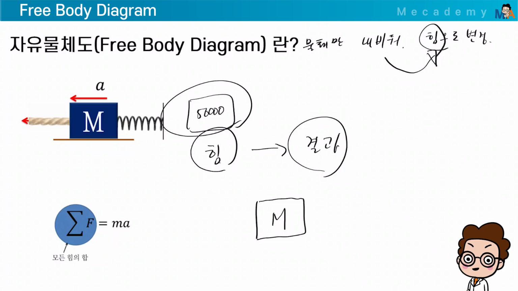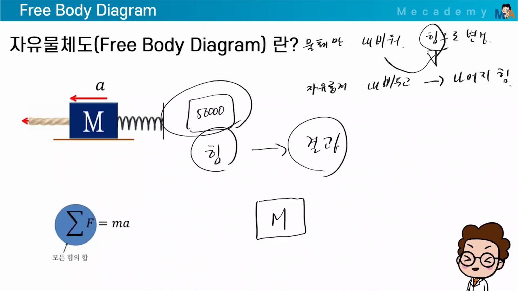This is a free body diagram. You let the object float freely by itself, and the rest you represent with forces. We do this because a free body diagram is like an object's financial statement. It allows you to show only the forces that the object is interested in. That's why we draw them.